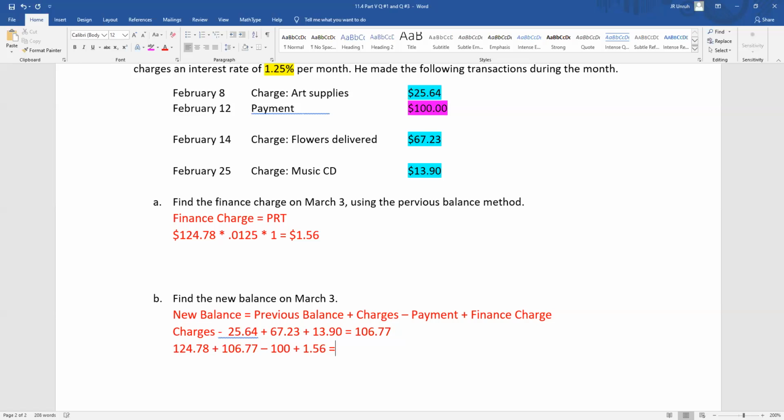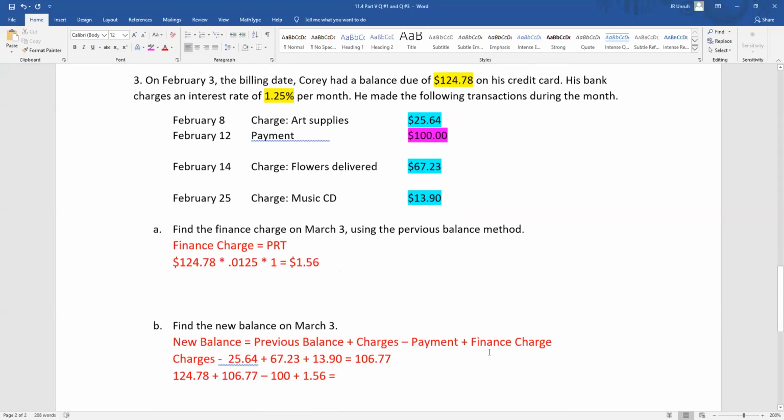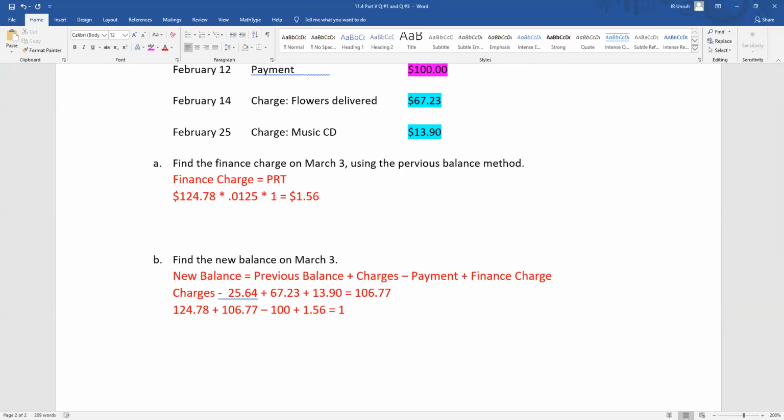Put those into your calculator, hit enter, and you should end up with a new balance on March 3rd of $133.11.